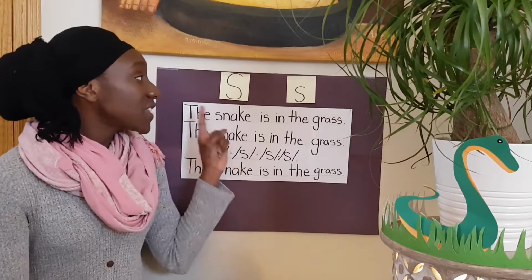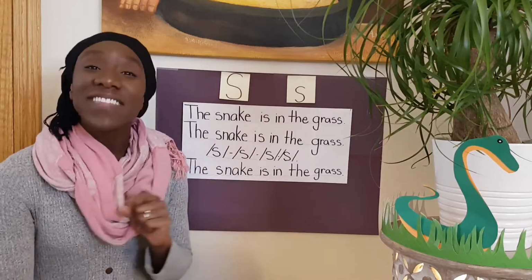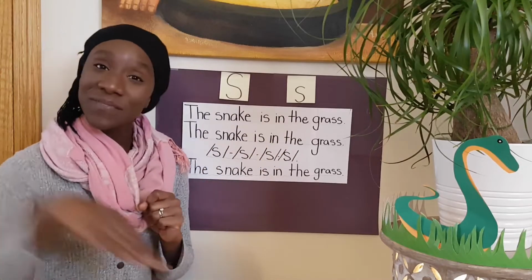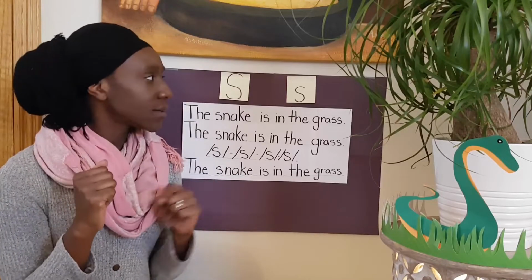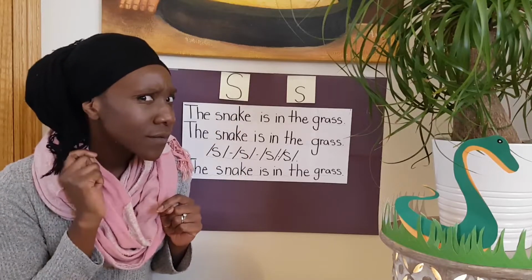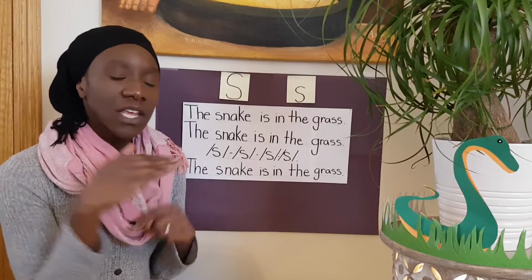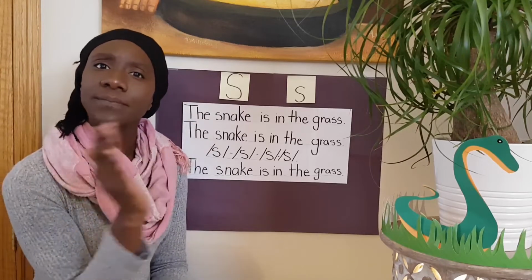Now, the name of this letter is S, and the sound that it makes is S. What's the name? S. What's the sound? Do you notice the action that I'm doing with my hand when I make the letter sound?